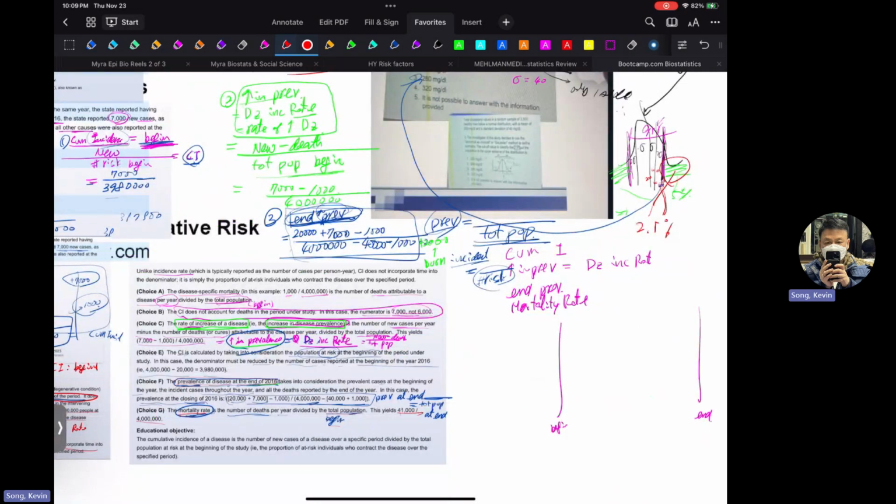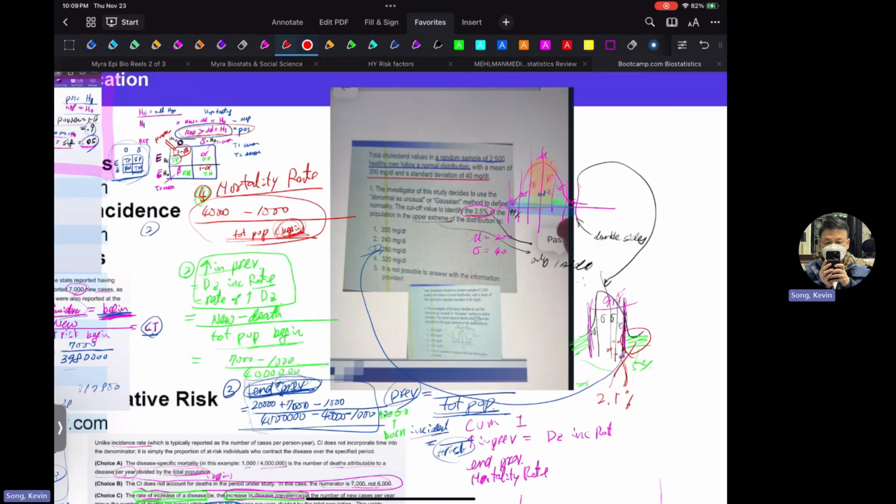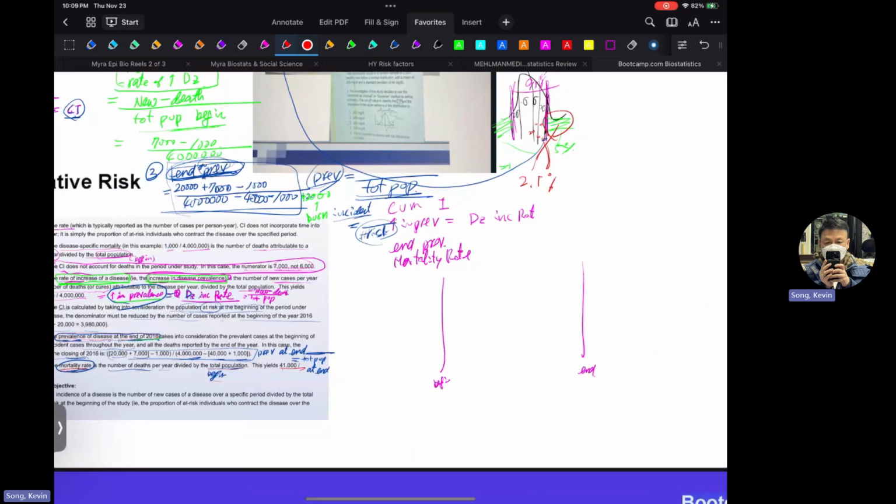Sorry about that. And then another measure, number 5, is the attack rate. Attack rate is the number of people who died of that particular disease out of the number of people who had the disease.